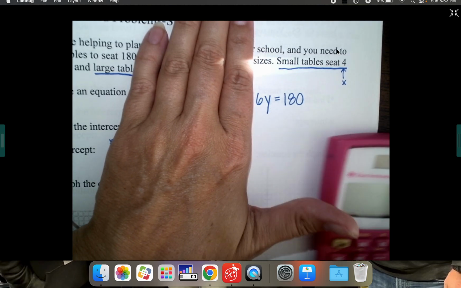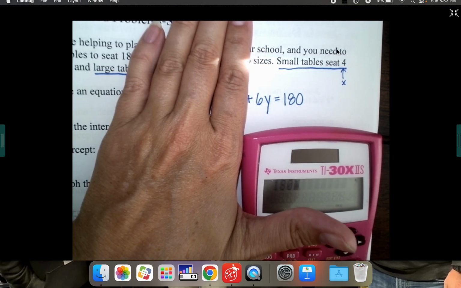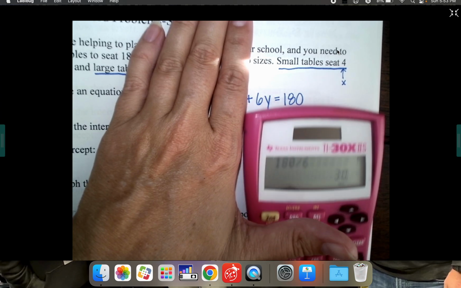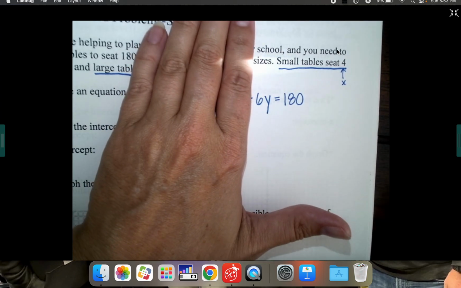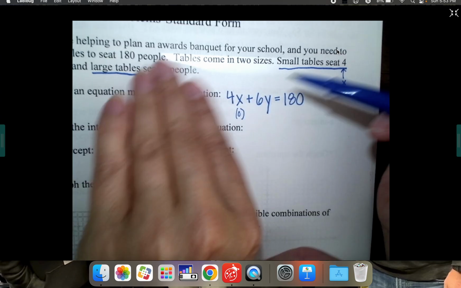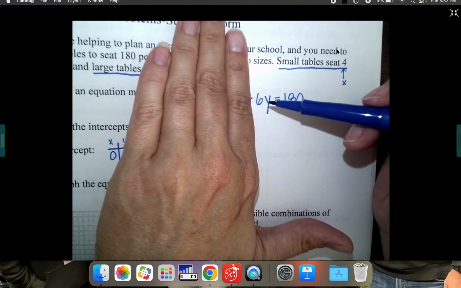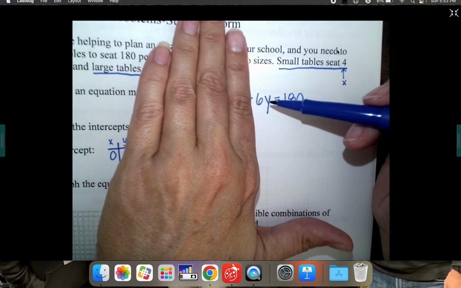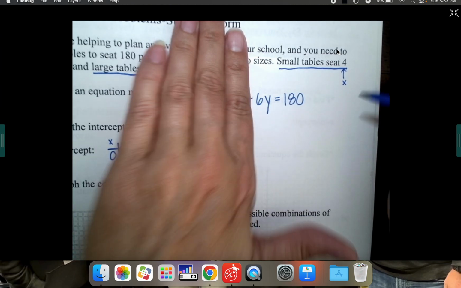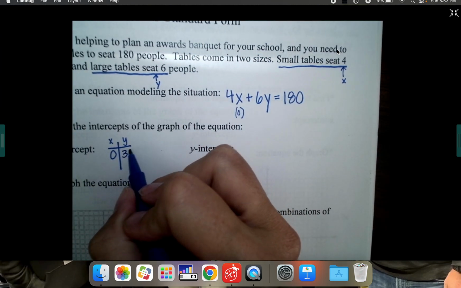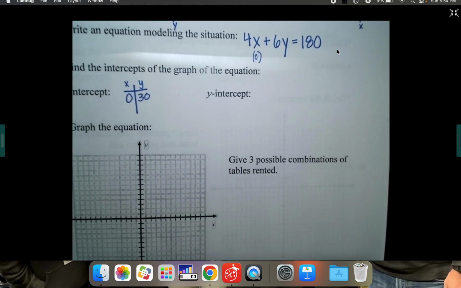So when x is 0, 180 divided by 6 is 30. So if nobody sits at the small tables, we could have 30 tables at 6 people each. So 0, 30 is a possibility. That's one of the possible solutions.